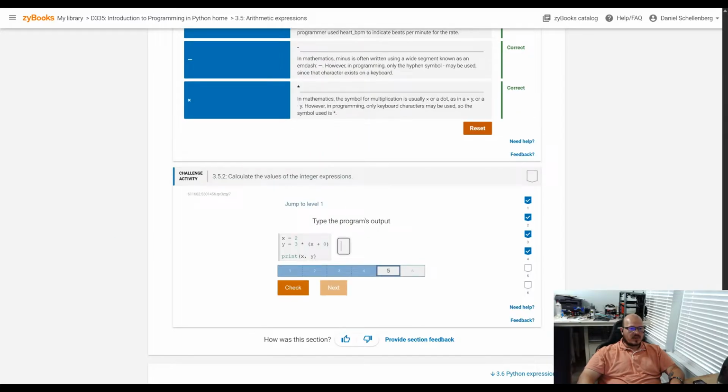So when it asked me to print x, I'm going to put 2 because it was never reassigned. And then 2 times 8 is 16. And then 3 times 16 is 48. So that's going to be 248.